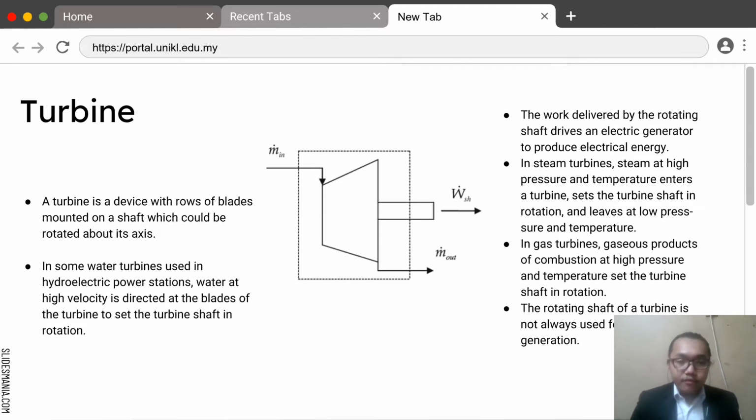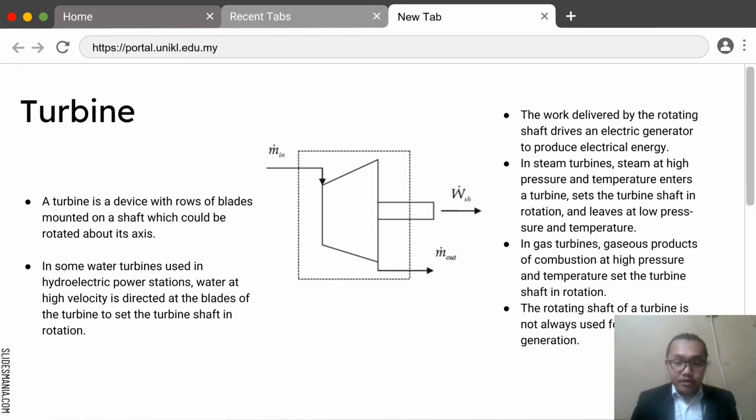Since the fluid flowing through a turbine usually experiences negligible change in elevation, the potential energy term is neglected. The schematic of a turbine is shown in the figure. The fluid velocities encountered in most turbines are large, and the fluid experiences a significant change in its kinetic energy.